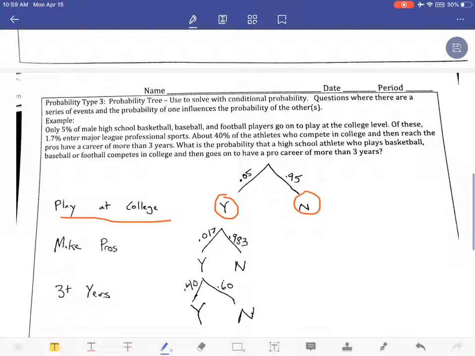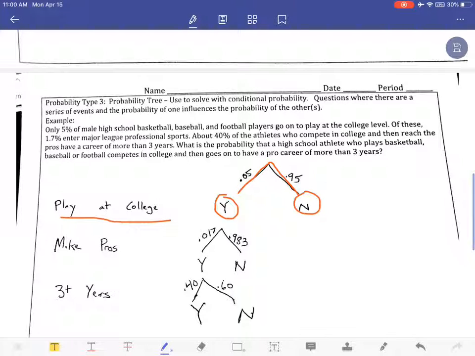So that's going to be my first event. I make my tree diagram right here, my branches, and there's just two different options. Yes, they play at college. No, they don't. So 5%, I can put it as a decimal, 0.05, played at college, 0.95, didn't play at college. That's my first event. Let's go on to our second event then.